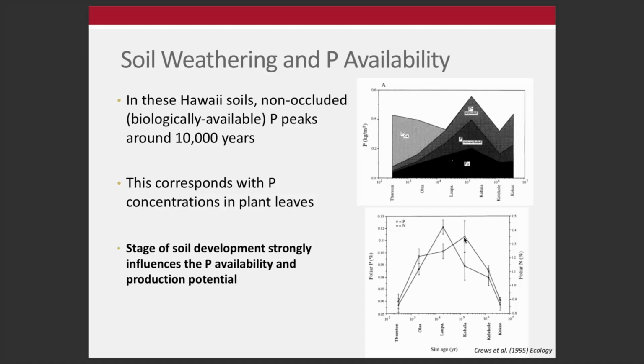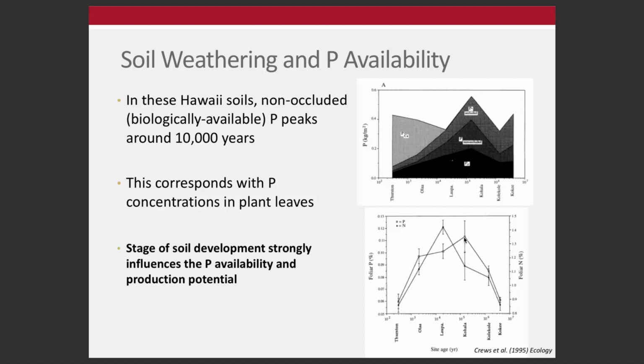Now these are, of course, tropical forests in Hawaii. These aren't phosphorus fertilized, okay, but it's just looking at, if we remove the element of management and the element of fertilizer, how much phosphorus is available, and how is that reflected in plants and plant development?